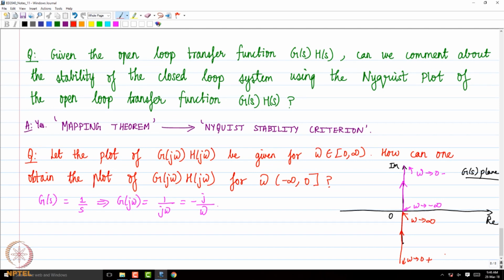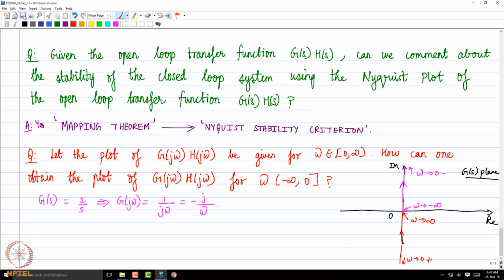But of course, this is a very special example. You will see that you will have a semicircle of infinite radius as your Nyquist plot, but this is a very special example. I am just giving you one example to show you how to do that.